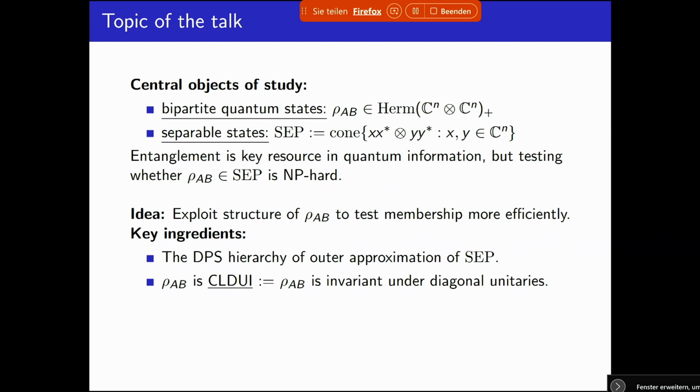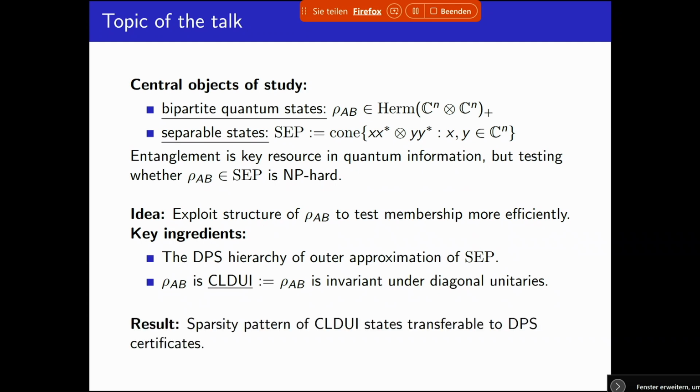So the one thing is the DPS hierarchy. So this is an approximation of the separable cone relying on semi-definite programming. And then the other thing is the extra structure we are assuming, which is this invariance under diagonal unitaries.